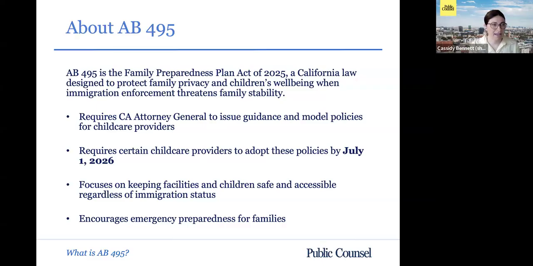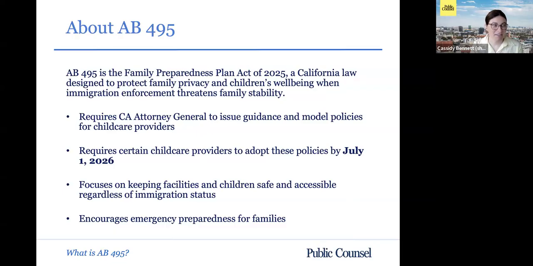The law required the California Attorney General to issue model policies for childcare providers, and only certain types of providers are required to adopt these policies. In the coming slides, we'll tell you which providers this law explicitly applies to and when those providers are required to adopt the model policies.